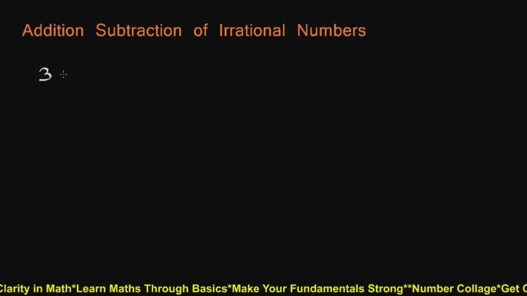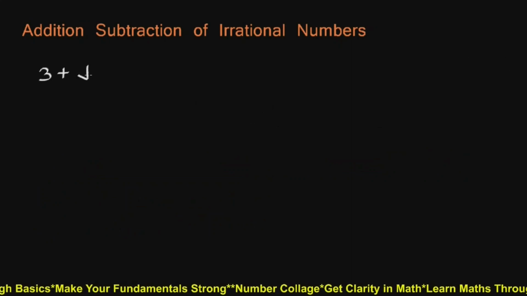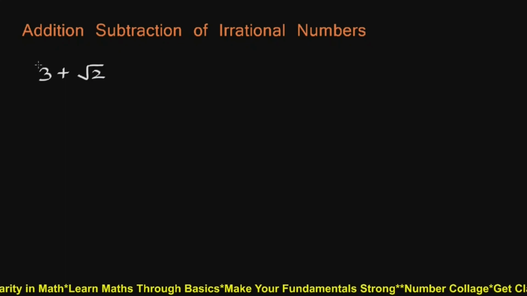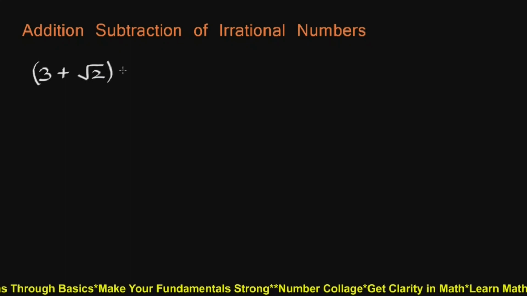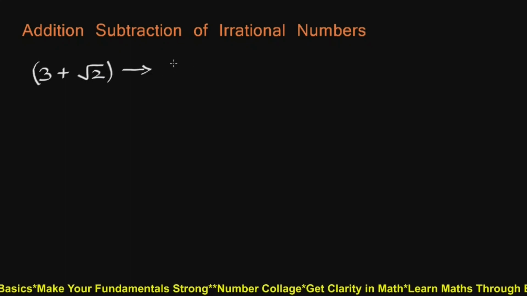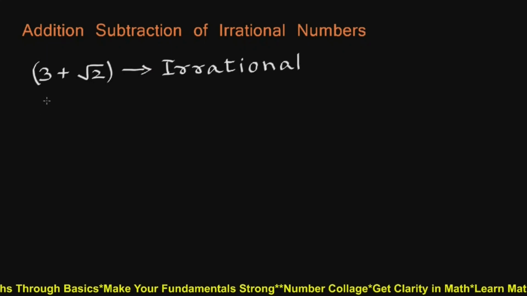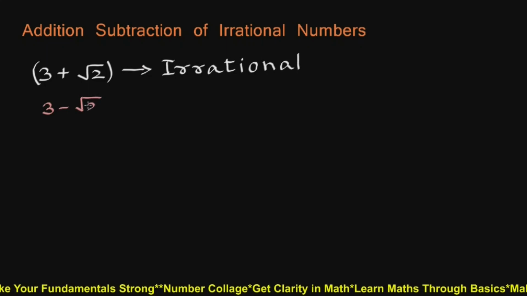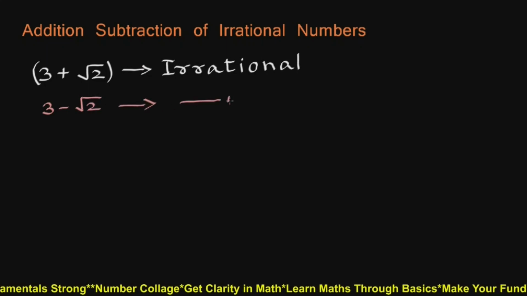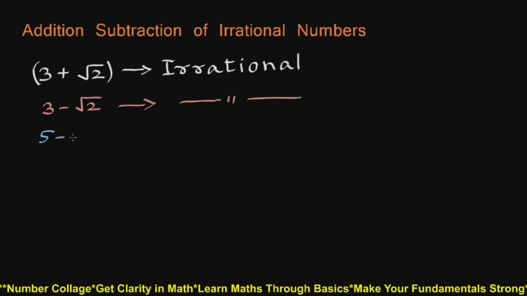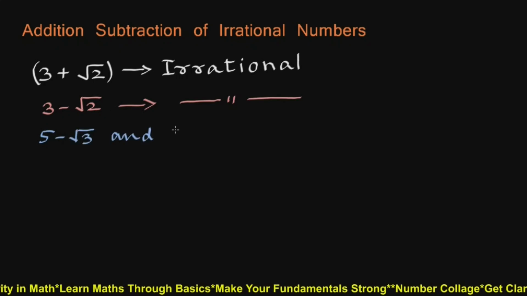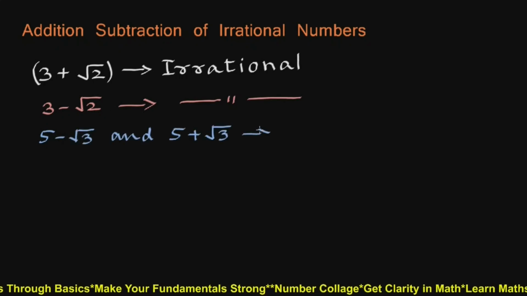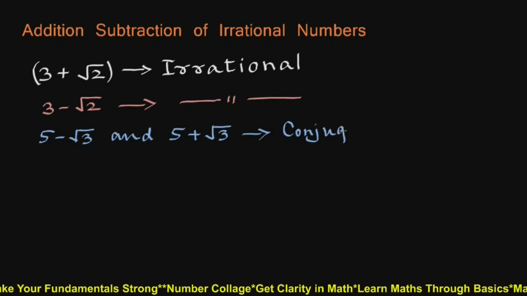3 is rational. Adding irrational root 2 no longer keeps it rational, but now 3 plus root 2 together becomes irrational. So, addition or subtraction of rational and irrational is always irrational. 5 minus root 3 and 5 plus root 3 are called conjugates of each other.